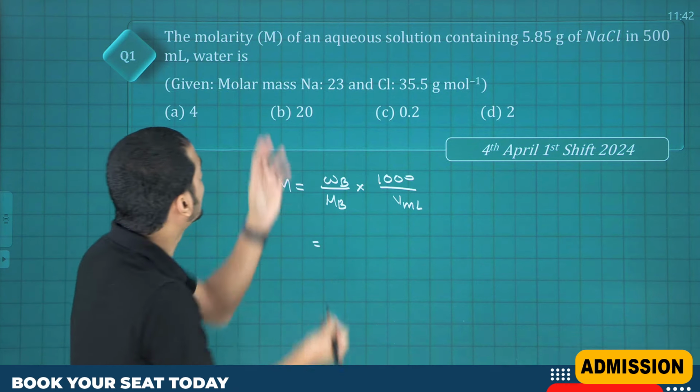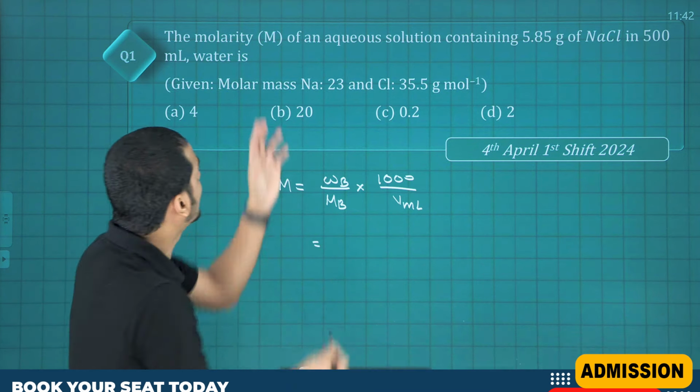So here they are giving NaCl dissolved in aqueous solution. So NaCl in water, the NaCl is the solute. In the question itself they gave the given mass, 5.85 gram NaCl. What's the molar mass of NaCl? Not molar mass, okay, formula mass.